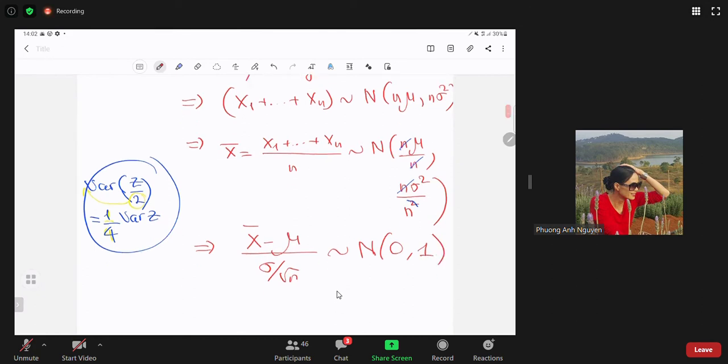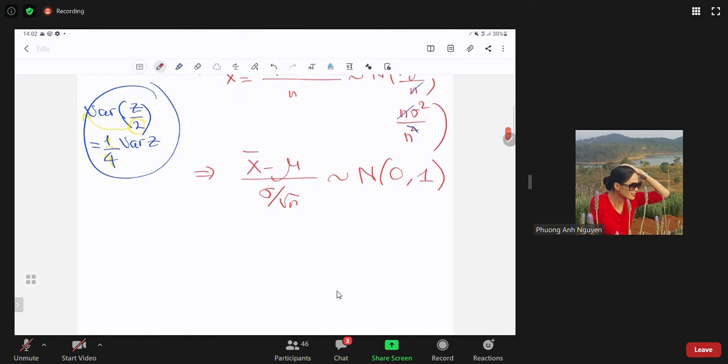And now, the confidence interval. But a confidence interval is given with a level of confidence, right?